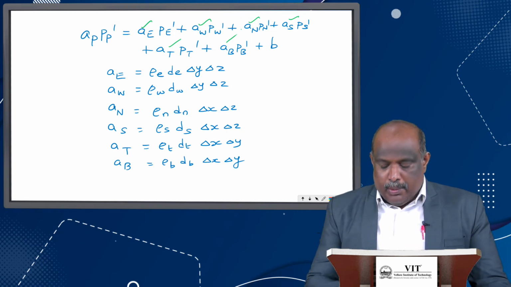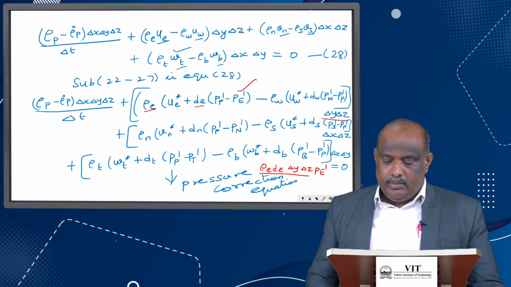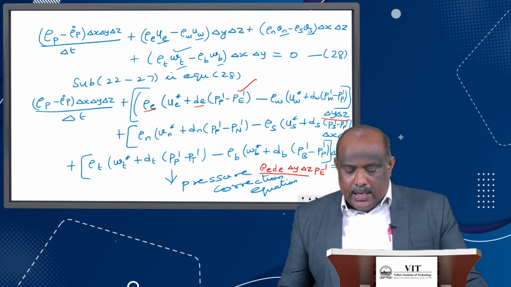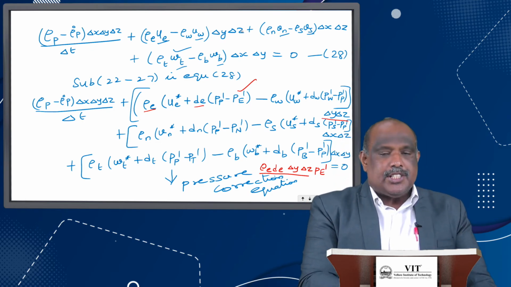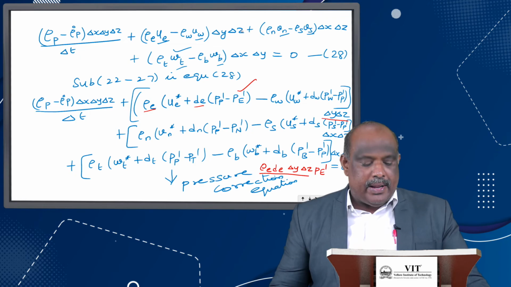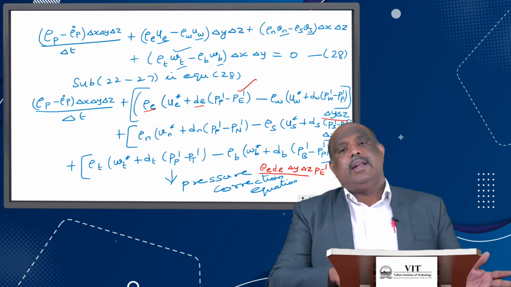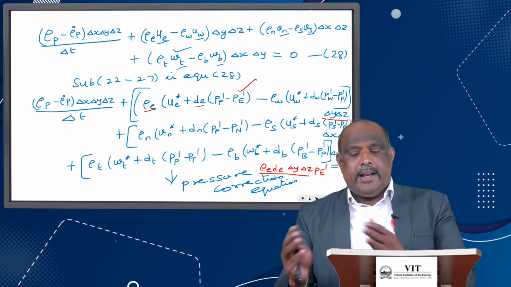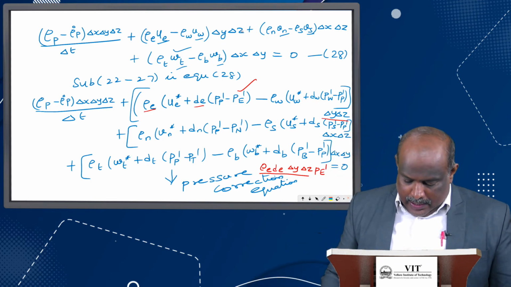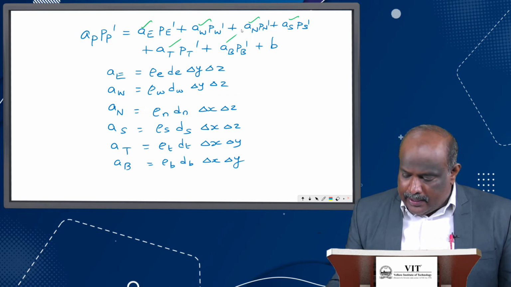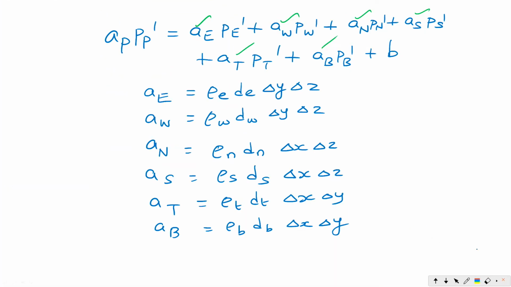Now let us move to the previous slide. Let us take the first term, (rho_p minus rho_p naught) Δx Δy Δz by Δt. This is positive, and I am going to take it to the other side, so it becomes negative. So now I will write what b is. b is nothing but (rho_p naught minus rho_p) into Δx Δy Δz by Δt. Why?